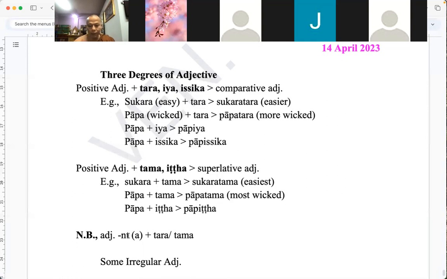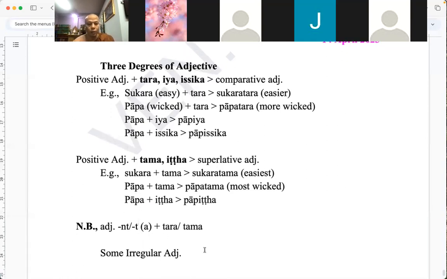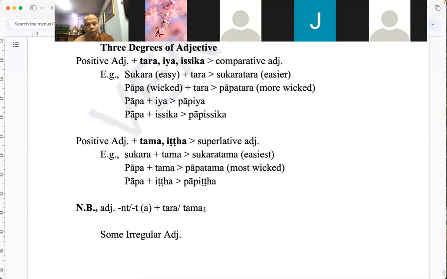So for that also we added the suffix, but they are ending in the consonant. So like this, mahant. So after that, the tara suffix. So after the mahant, we need to add the a. So mahanta and the tara in this way.